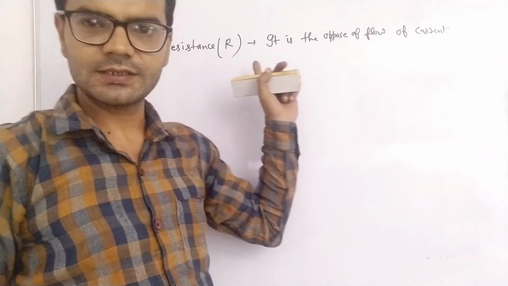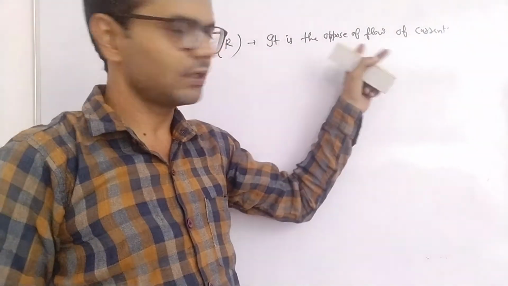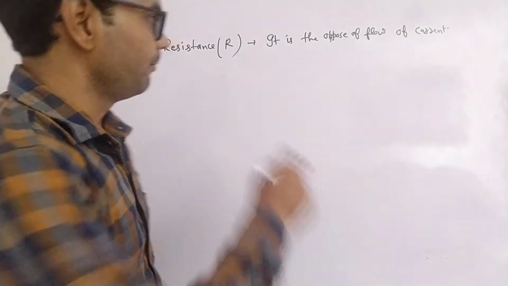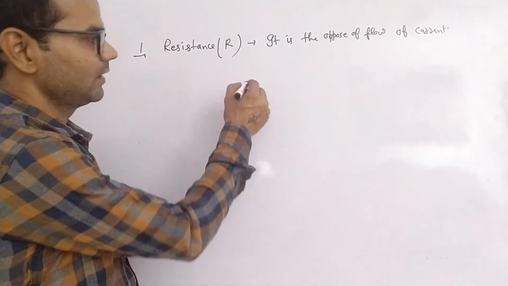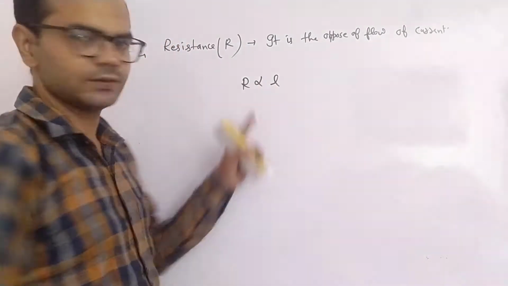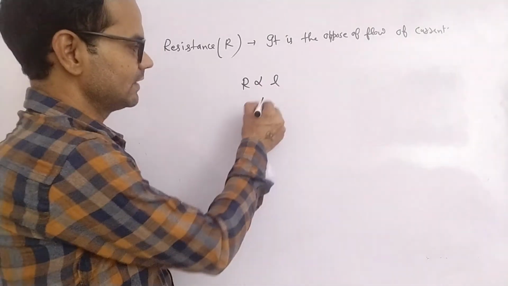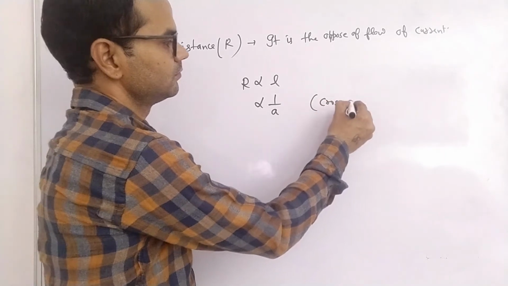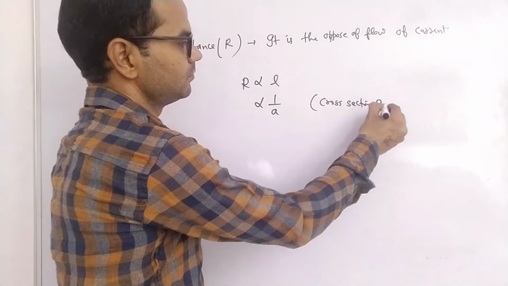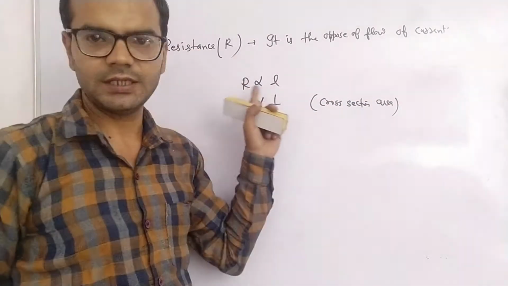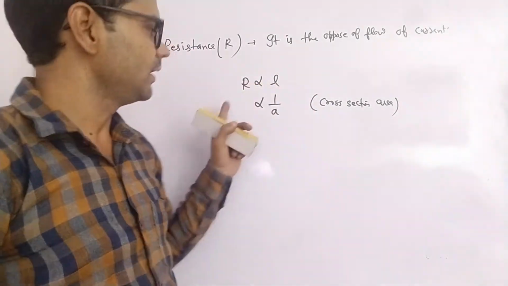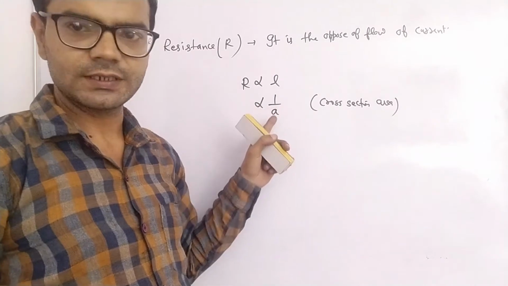It never allows current to flow. It opposes the flow of current. And mathematically, resistance of any wire or any metal is directly proportional to length of the wire or conductor, and inversely proportional to its cross section area.